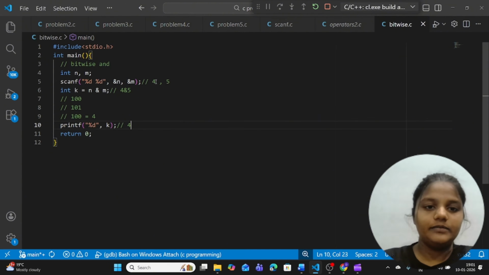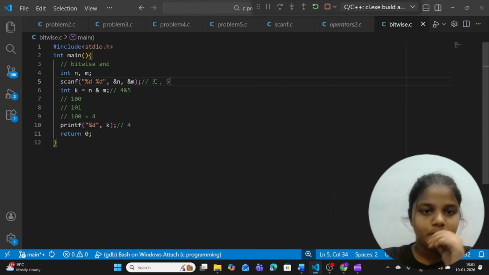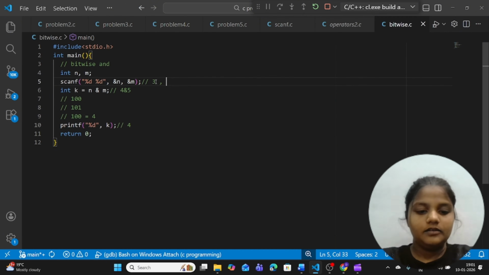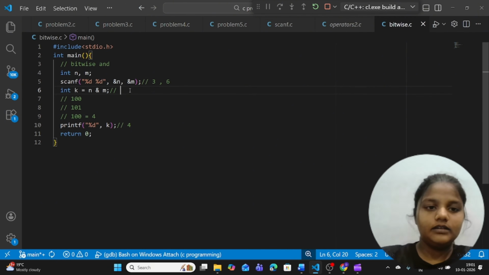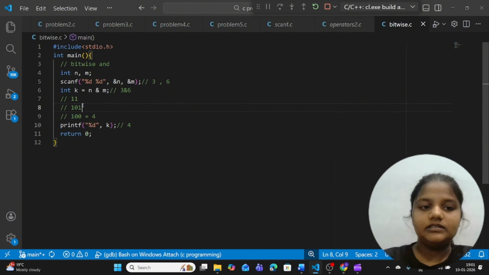So we will try another number like 3, and we will do it for 6. So here it is 3 and 6, right? For 3 it is 011. For 6 it is 110, right?